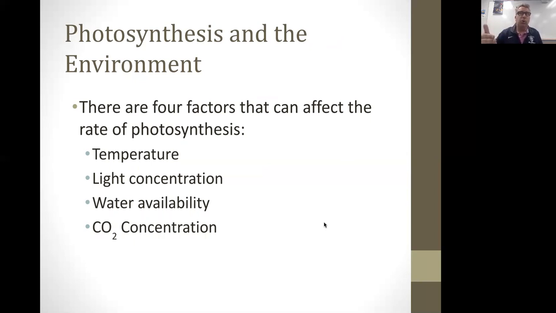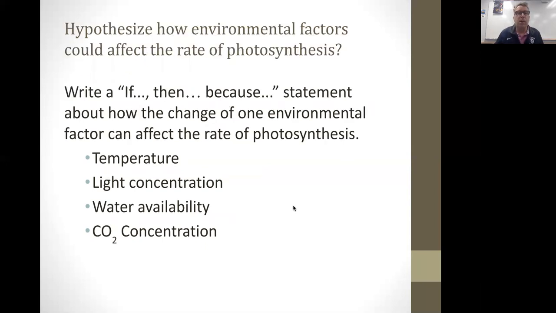But we will try to do that here. And if you remember way back when we did that online experiment, when we separated them, we were able to adjust the amount of light brightness and water availability and carbon dioxide. We didn't do so much with temperature, but we did experiments with those other three.